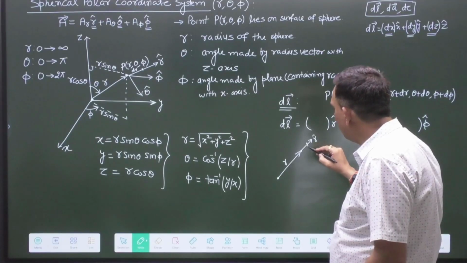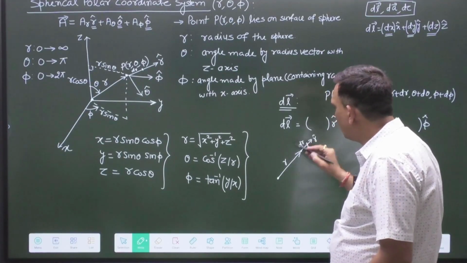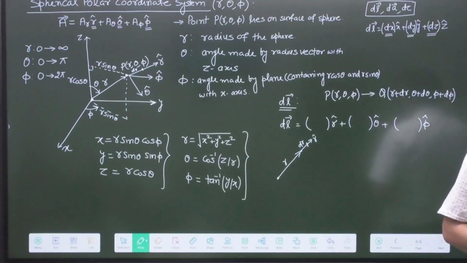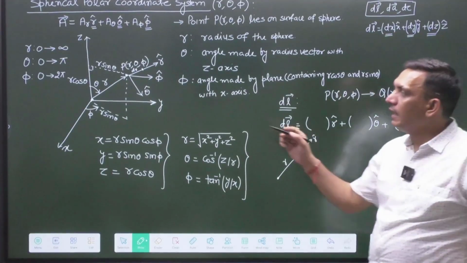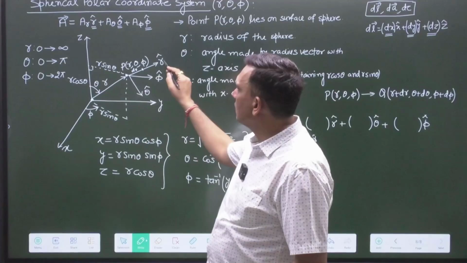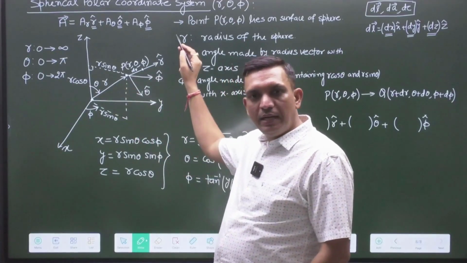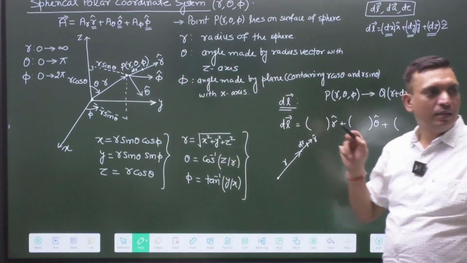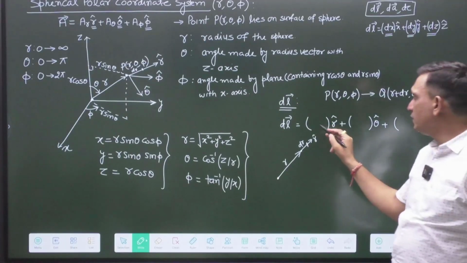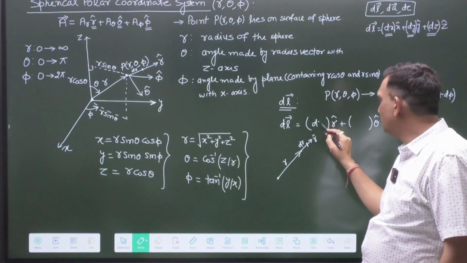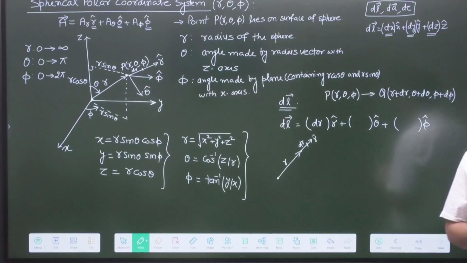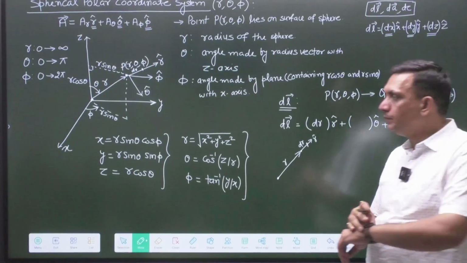This change is given by simply dr. You have to see the change along r cap when r changes to dr. So along this axis, you can easily see that change. That will be simply dr. So that's why here you will write dr. Okay?